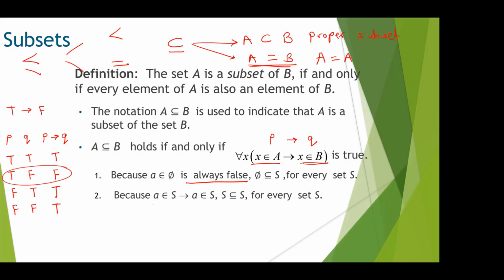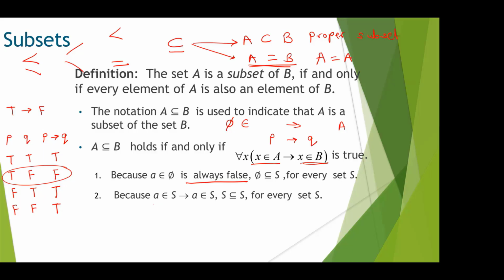Always, in case we are trying to look at this conditional statement, and we say if something is a member of the null set, then it should be a member of some set A, then null will be a subset of that set.